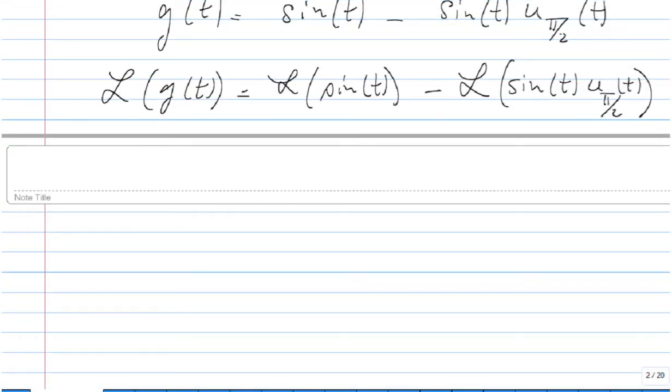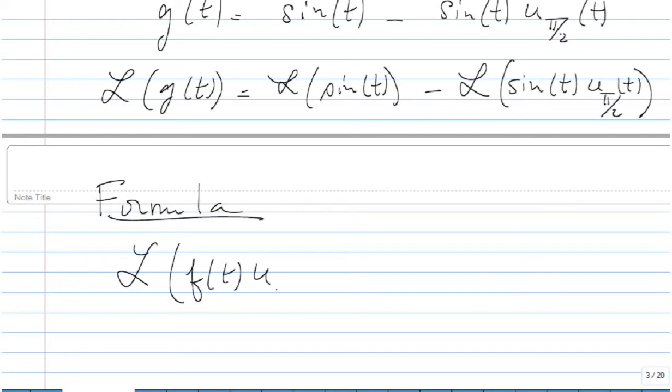So we know what the Laplace of sine of t is. We have just to focus on Laplace of sine of t u pi over 2 of t. So we are going to use the formula, okay, Laplace of f of t u c of t is equal to e to the minus s c Laplace of f of t plus c.